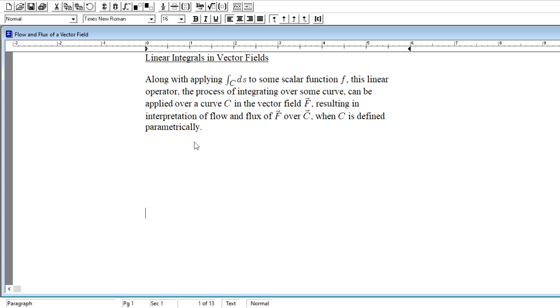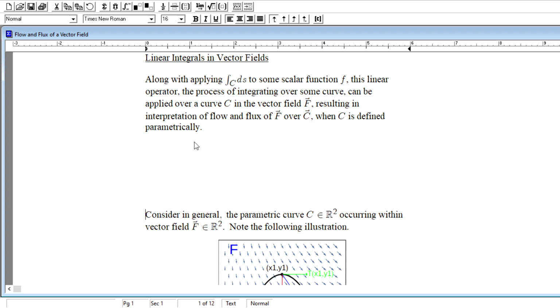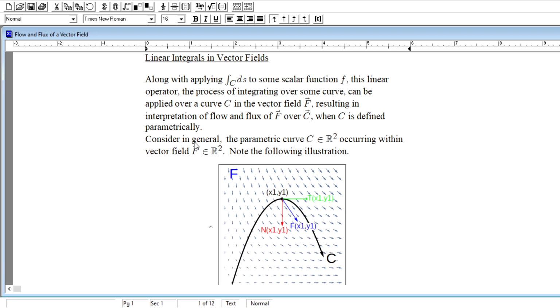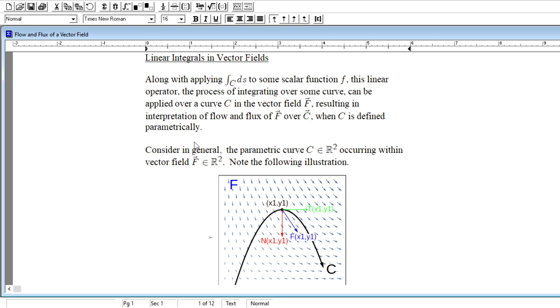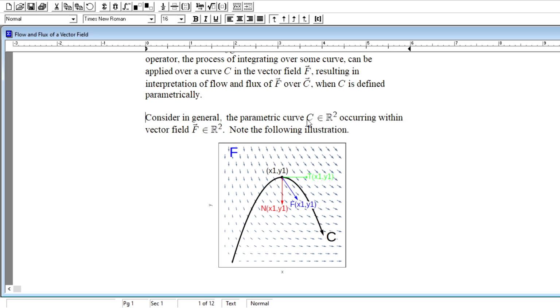Well, let's consider a generic illustration of a vector field and a curve C occurring within that vector field. Consider in general the parametric curve C contained in two-dimensional space occurring within the vector field F bar, also contained in two-dimensional space.